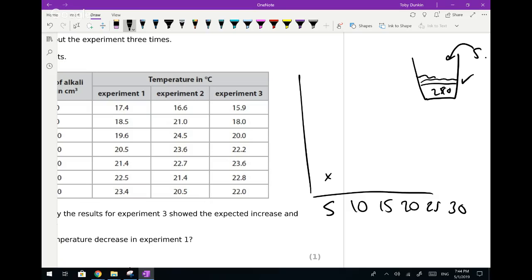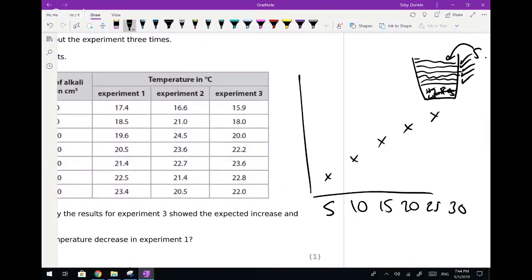I add another 5. A reaction will take place. The temperature will rise. And now we're down to 15. We add another 5. A reaction happens. The temperature continues to rise. Now we're down to 10. We add another 5. A reaction takes place. The temperature rises. We're down to 5. Last one, temperature rises for number 25.